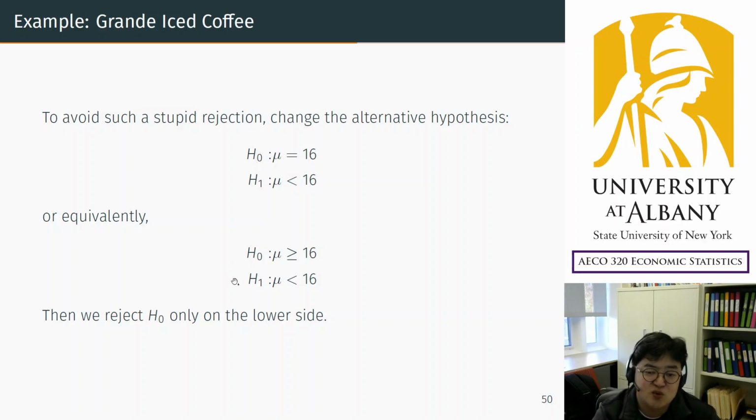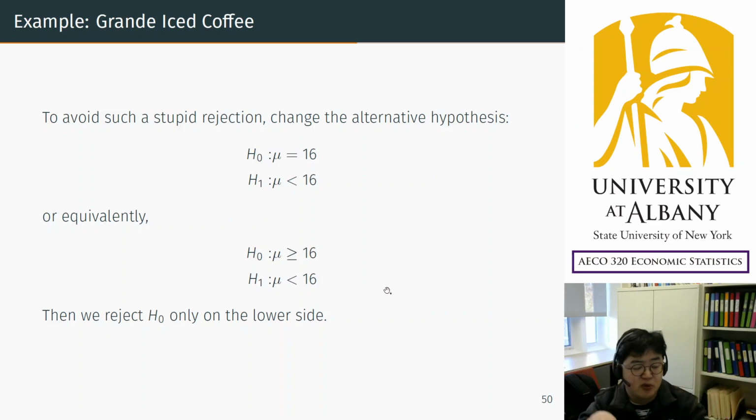Or you may think of it this way. I believe the amount is at least 16 ounces. Of course, there is no reason to give more than 16 ounces, but anyhow, this is my belief. But I'm going to reject my belief if it is strictly smaller than 16 ounces.